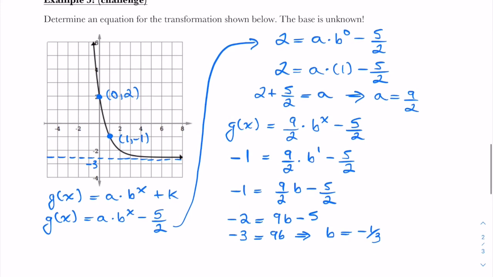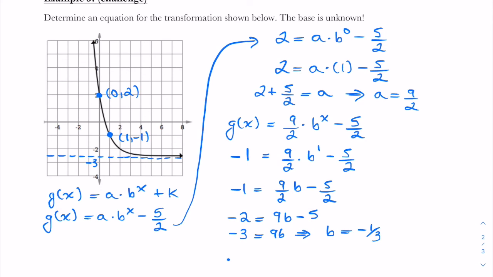Let's write ourselves a therefore statement. Sorry everyone, I just realized right now I made a mistake. And the mistake I made was right here. I'll just star it to be fully transparent.